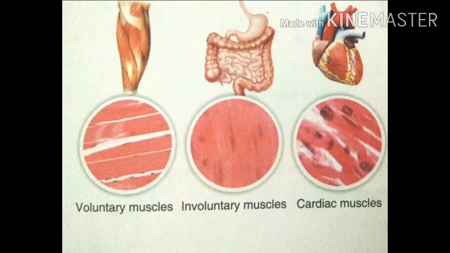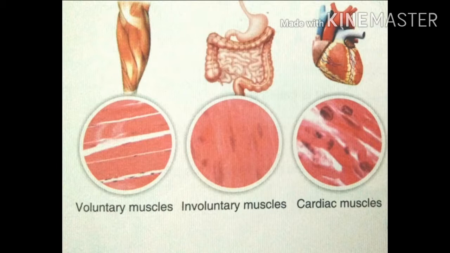For example, you can throw something with your hand and kick anything with your leg. These movements are under our control, controlled by ourselves. The muscles involved in these actions are called voluntary muscles.